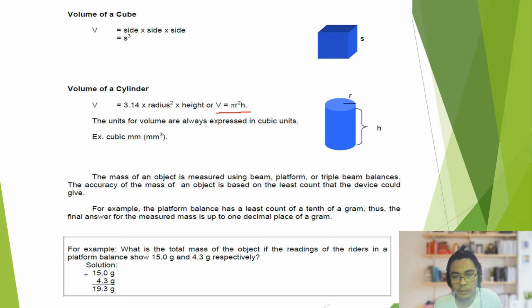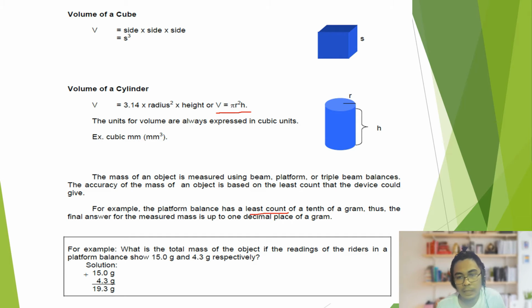So it's a device used to measure, okay, the mass of the object. Take note, mass is different from weight, ha? Because weight, it has a factor of gravity, but mass, it's an intrinsic property. So I mean to say, it depends on the object itself, but without the factor of gravity.